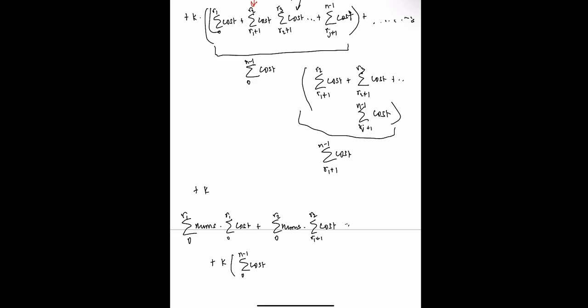The range is 0 to n minus 1 of cost. The second term is the start of this second subarray till the end, its summation, and so on. For I terms, it's just Rj plus 1 till n minus 1 cost.